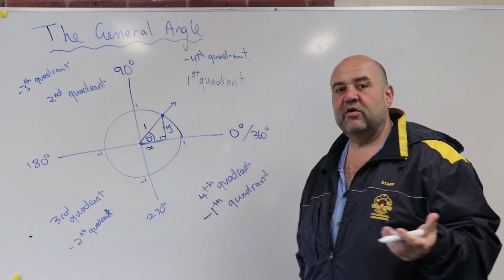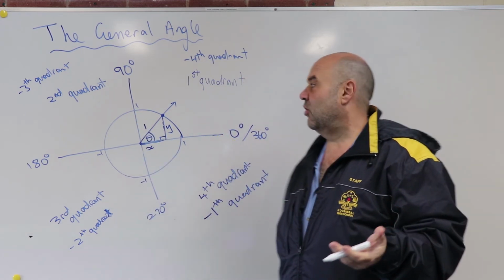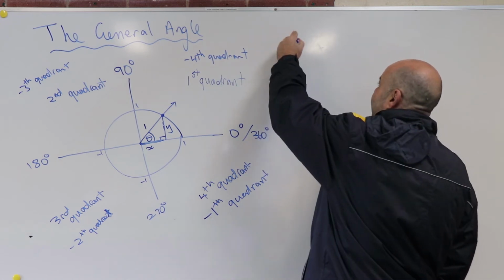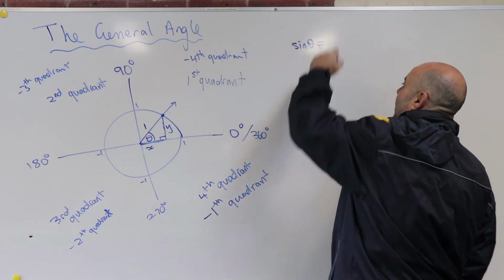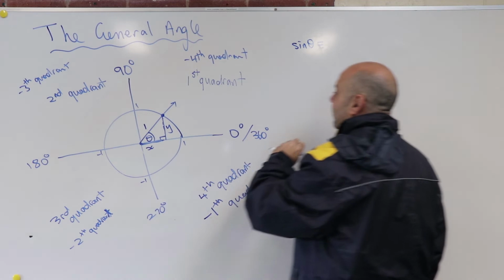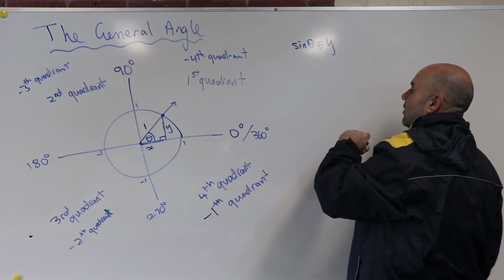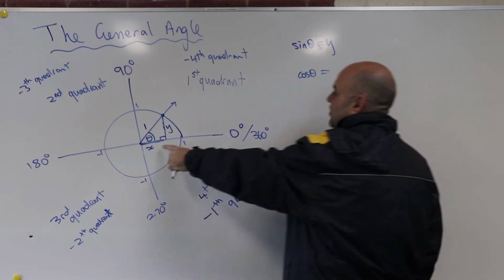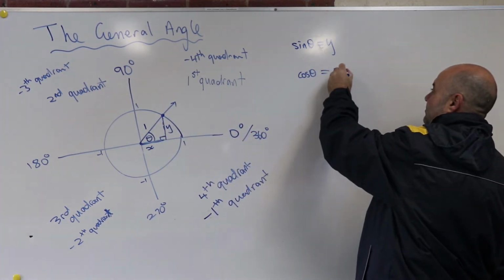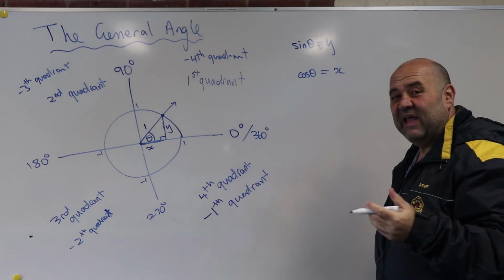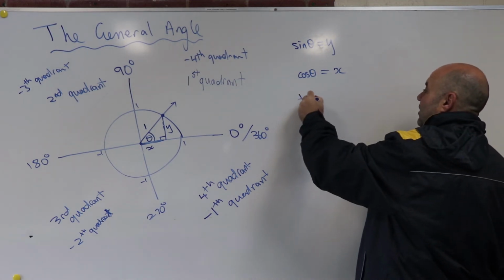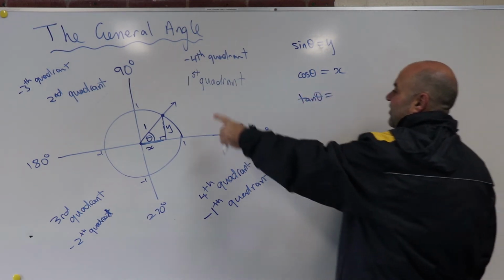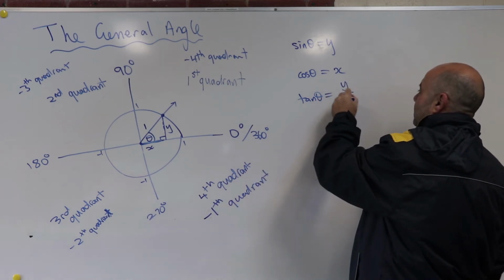Well, think about what I know. I know that the sine of theta is equal to the opposite over the hypotenuse. The cos of theta is equal to the adjacent over the hypotenuse. The tan of theta equals the opposite over the adjacent.